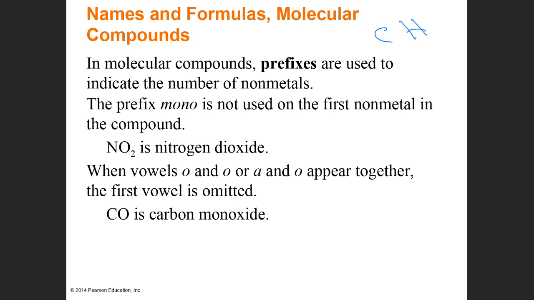So when we name molecular compounds, we cannot just state the name of the 2 elements in the formula. We need more information.